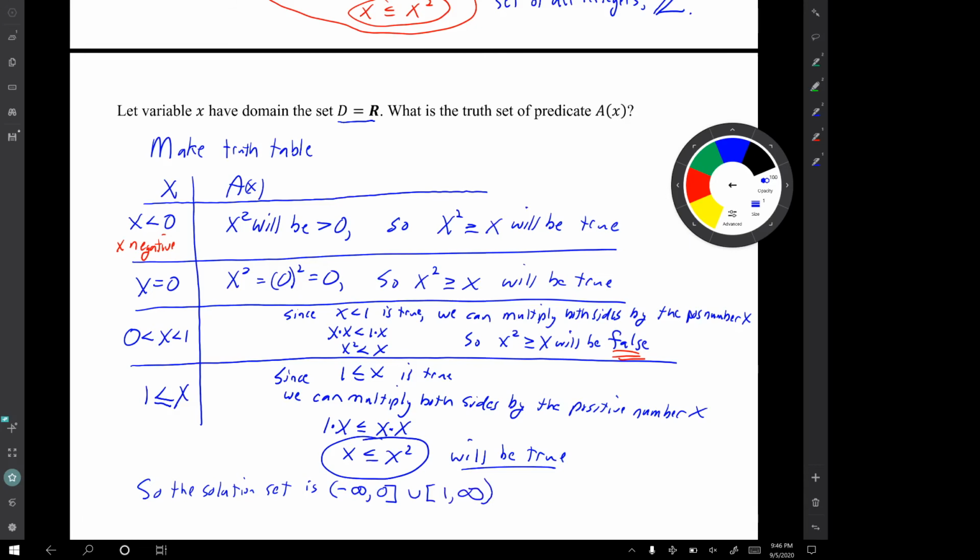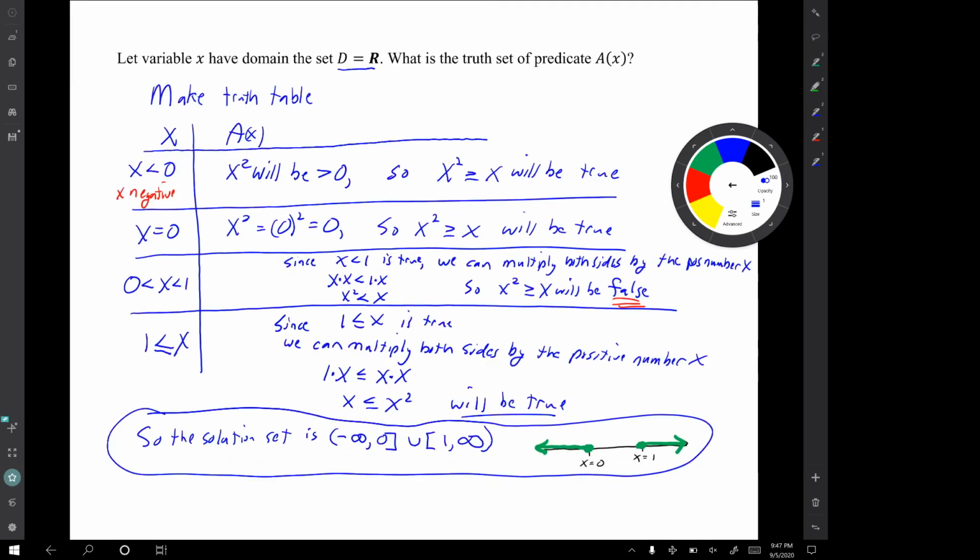In interval notation, it's all the x values that are less than or equal to 0, union all the x values that are greater than or equal to the number 1. If I wanted to make a number line picture of this solution set, it would probably help. So that's a picture of the solution set. You see that these numbers between 0 and 1 are not part of the solution set.